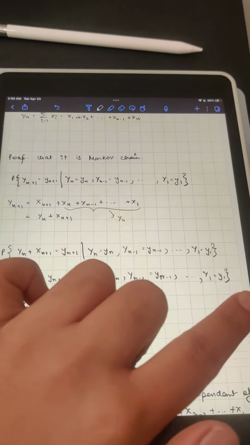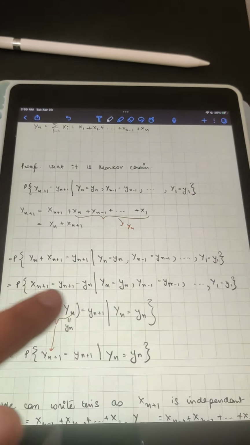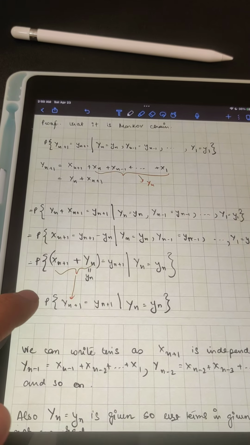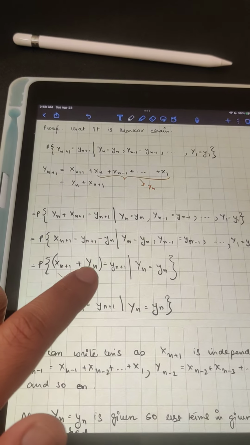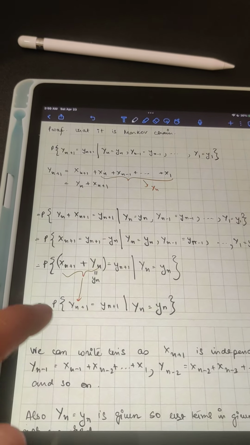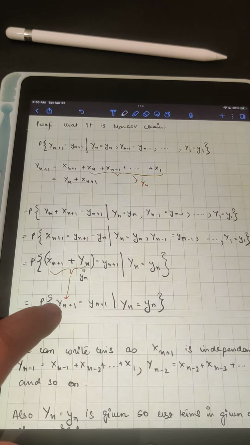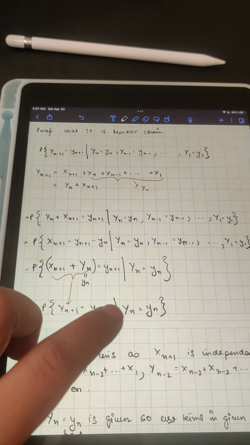Since these two are independent of the rest of the terms, we've removed them. And then simply Xn+1 plus capital Yn is Yn+1 here, see? So it is equal to small yn+1 given Yn.